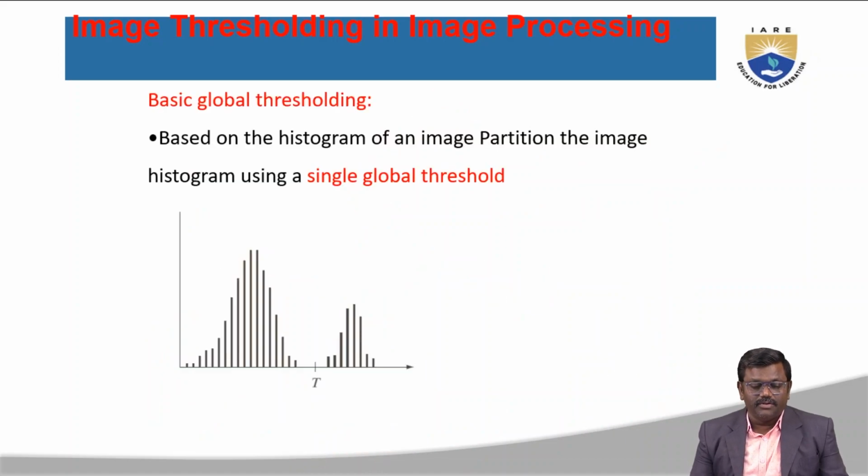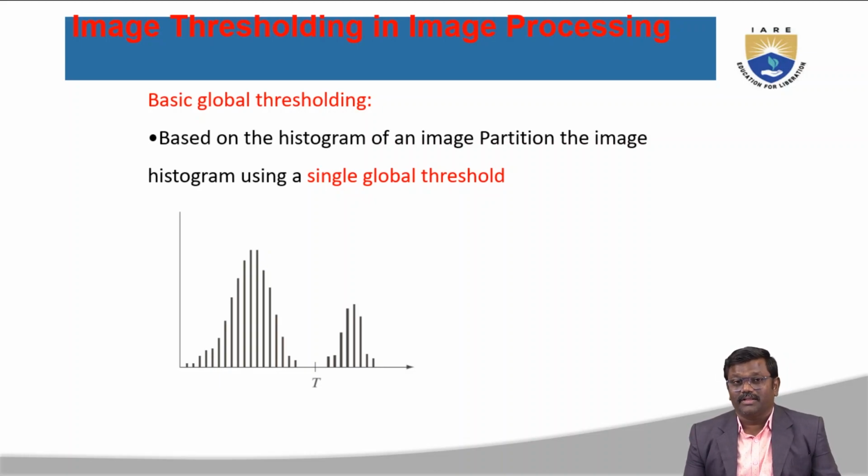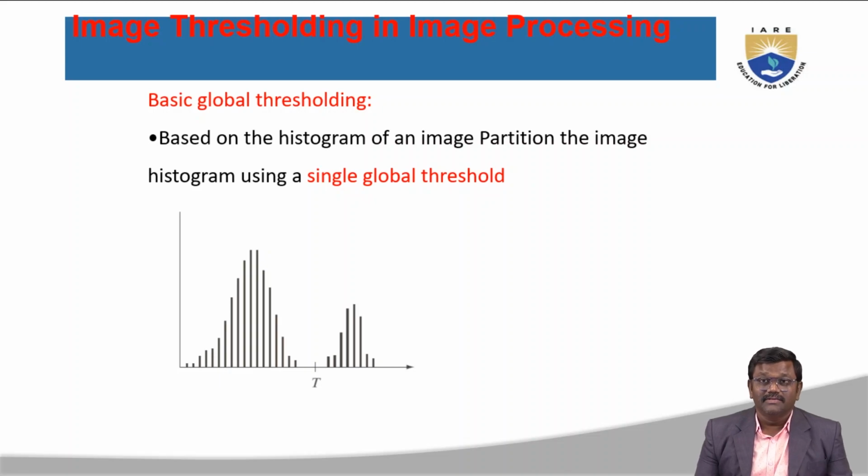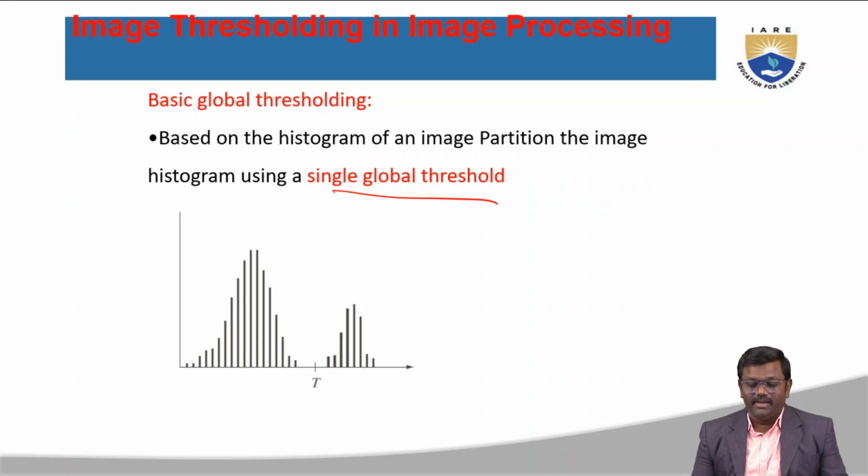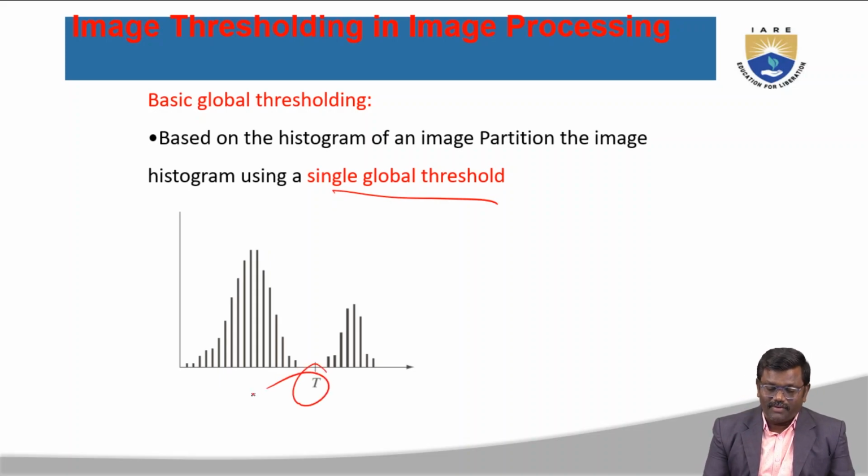Next, you want to see much more improvement of your threshold value based on the intensity distribution finding method, that is, the histogram. We call it simply basic global thresholding. How do we define basic global thresholding? Based on the histogram of an image, partition the image histogram using a single global threshold method. t is nothing but your threshold value.